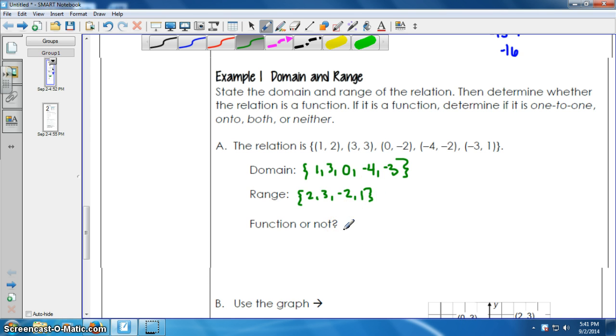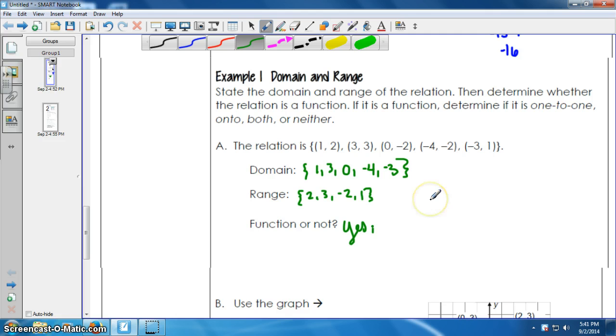So is this a function or not? It is a function, yes, because none of our domain numbers repeated. And now we want to determine, excuse me, if it is one-to-one, onto, both or neither. So no domain value is being repeated, but in the range, we had a repeat.